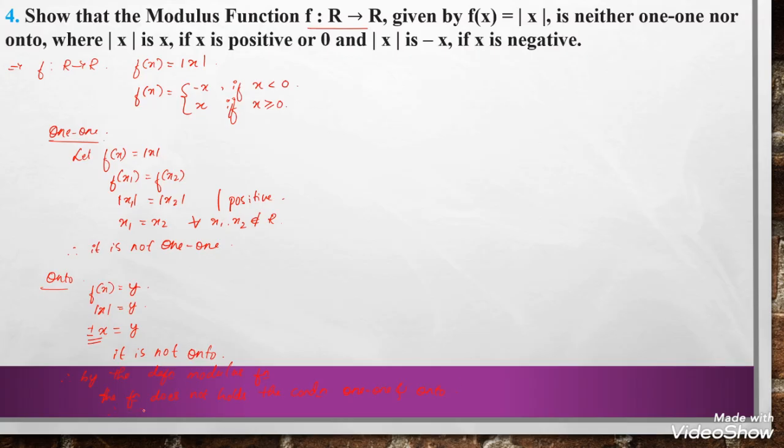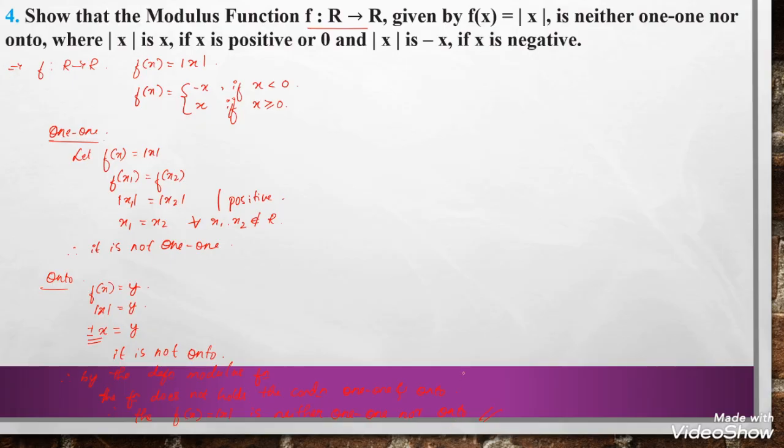Therefore, the modulus function f of x is equal to mod of x is neither one-one nor onto. This is the proof of the given problem.